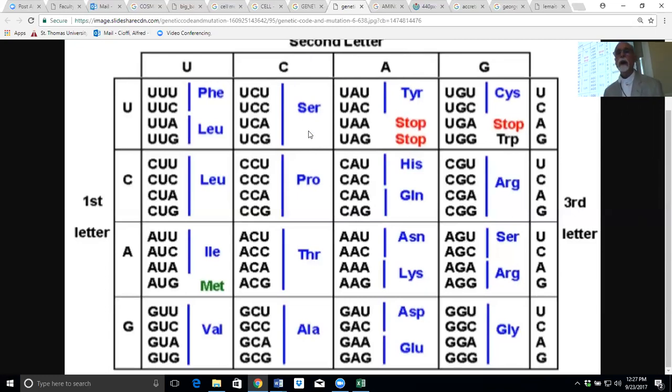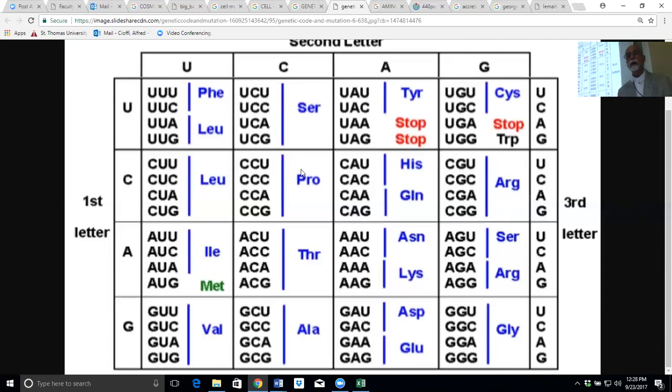Amino acids are the building blocks of proteins, okay? The 20 amino acids are illustrated, mostly blue, 1 green, methionine, and tryptophan here in black. But there are only 20. But if you count these, there are a total of 64 of these combinations.